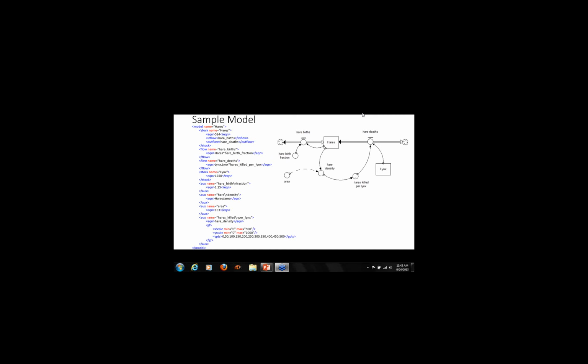But in the system dynamics world, the rabbits in the box, the deaths pertain only to rabbits. The births only pertain to rabbits and to a specific number. And so it's a very explicit language.